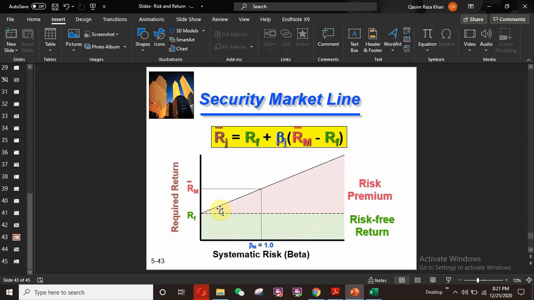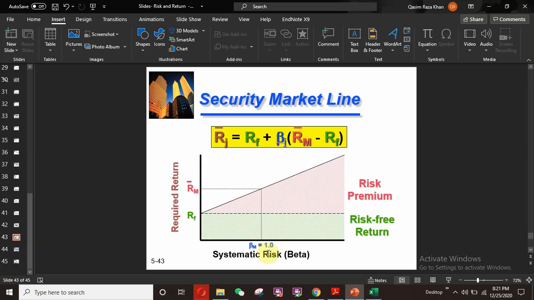So here is basically the SML, and this part is the risk premium, and any point above this line has a risk premium, and as you move above on this line, you will get higher return, higher market, high risk premium.